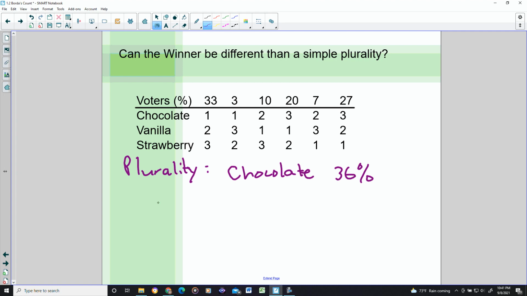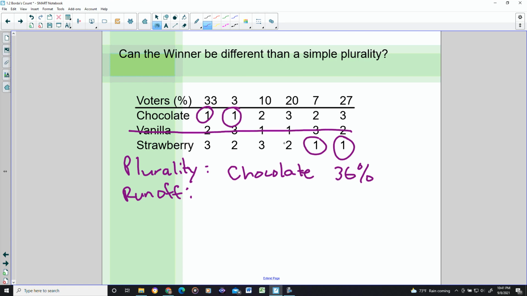Let's look at a runoff. Does this qualify as a runoff? Yes, not a majority. Runoff, who gets eliminated? Vanilla goes. 30% is the least. As we said before, the people who voted for chocolate and strawberry keep their votes.